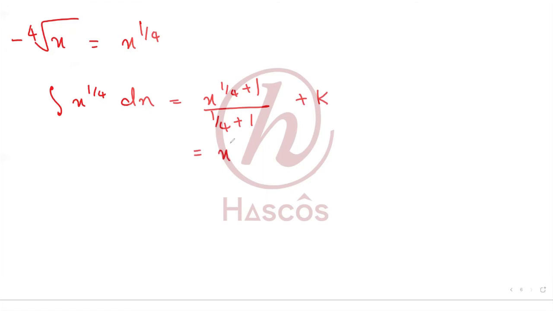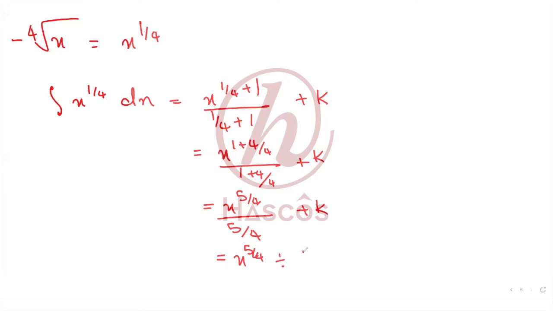Now this can be written as 1 plus 4 the entire thing upon 4, so x to the power 5 upon 4, divided by 5 upon 4, plus k.